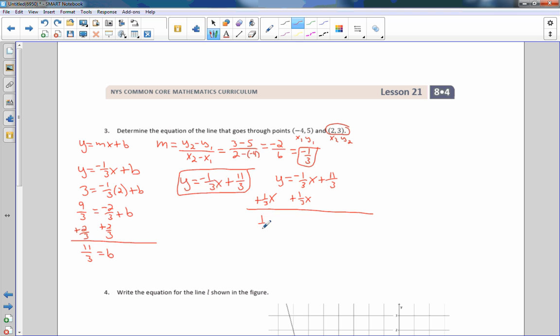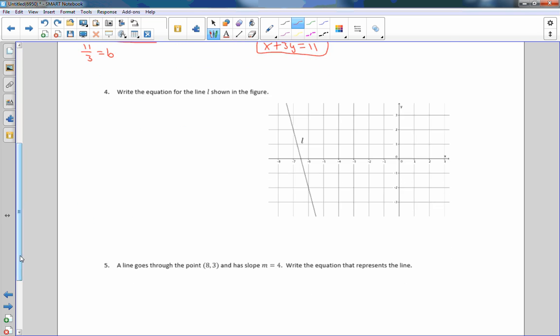And when I do that, I get 1/3 x plus y equals 11/3. I can't have any fraction, so I multiply by 3, and I get x plus 3y equals 11. As you can see, I'm speeding up a little bit here. You should be comfortable with the distributive property. Number 4.